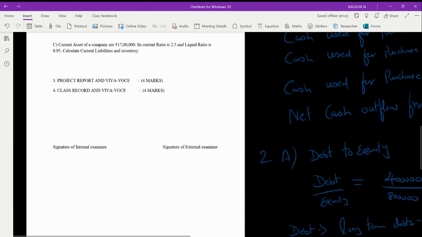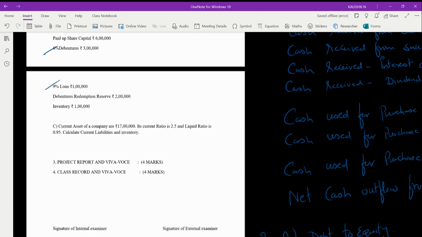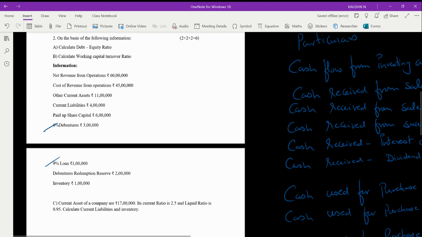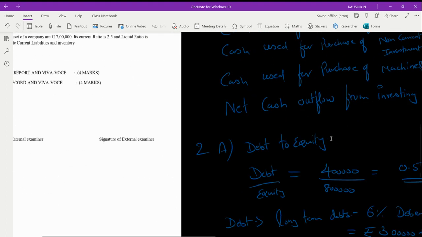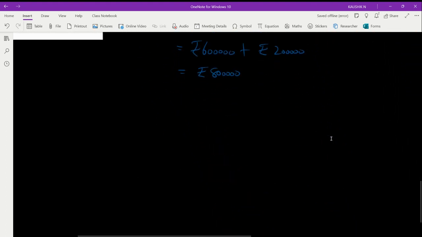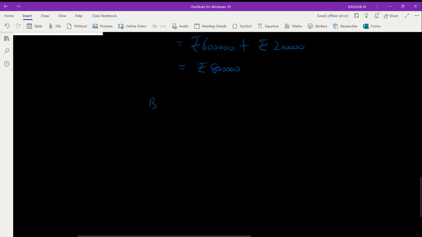Coming up to the second subdivision, B subdivision. What they have asked you to find out is to calculate the working capital turnover ratio. The B subdivision is the calculation of working capital turnover ratio. You have two different formulas for this. You write both the formulas.